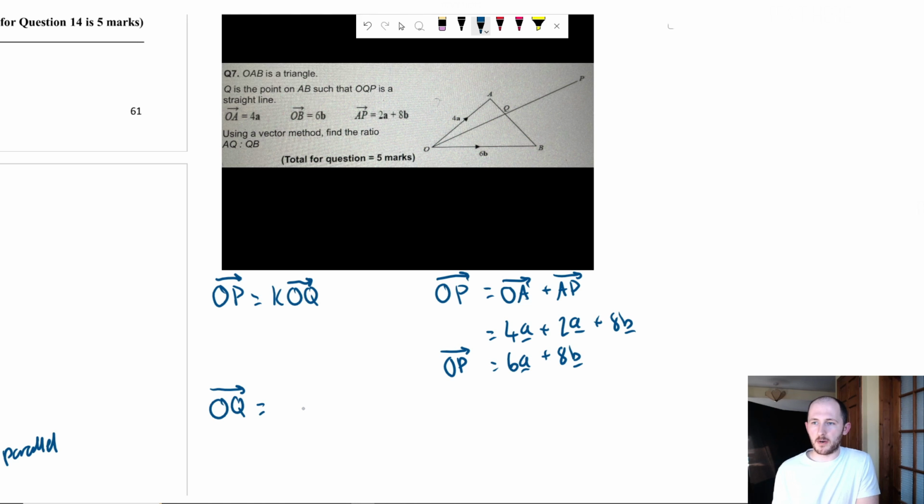And to do OQ, I'm going to do O to A plus A to Q. Now, I don't know what AQ is, but I know that AQ is a fraction of AB. So, again, pick another letter. I'm going to pick Q because I chose it earlier. And now I can work out what AB is. It's just going to be minus 4A plus 6B, right?